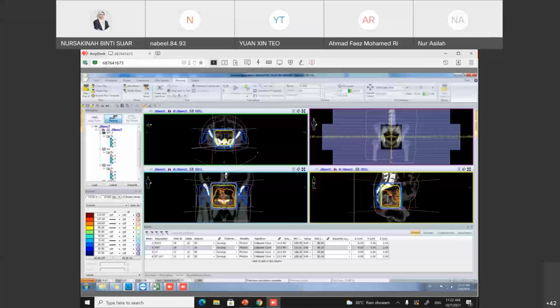All right, so now I show you the difference between 6 MV and 10 MV.